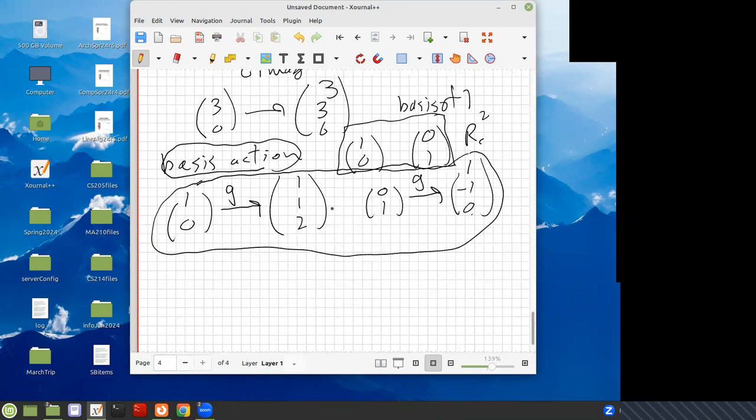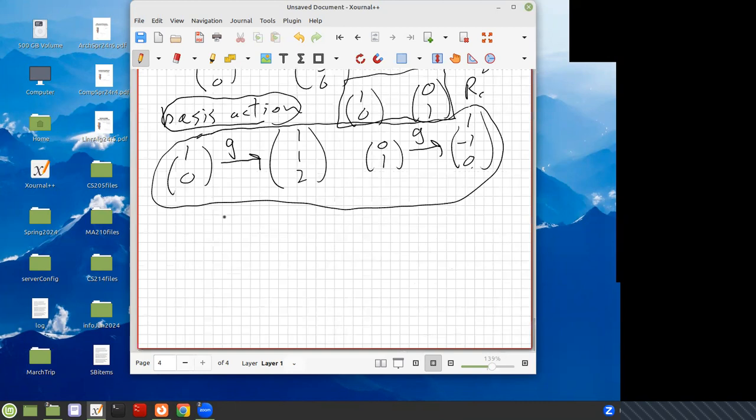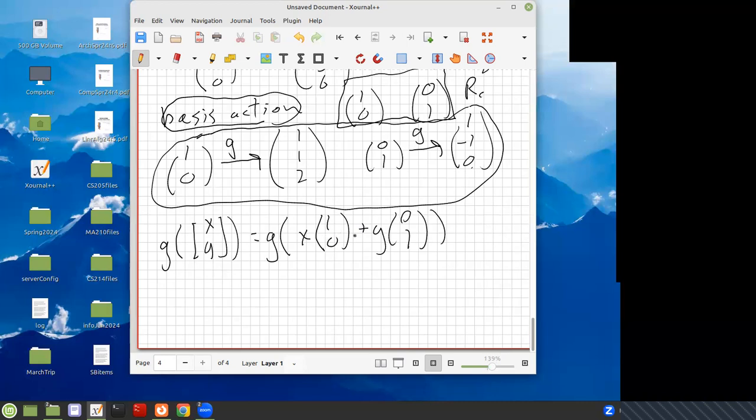So I claim I can reconstruct the whole map from this. What that means is to reconstruct this formula. How does that work? Well, if G is linear, G of any vector (x, y) has to equal, well, I expand this arbitrary vector in the basis: x times (1, 0) plus y times (0, 1). This is just writing the vector as a span.